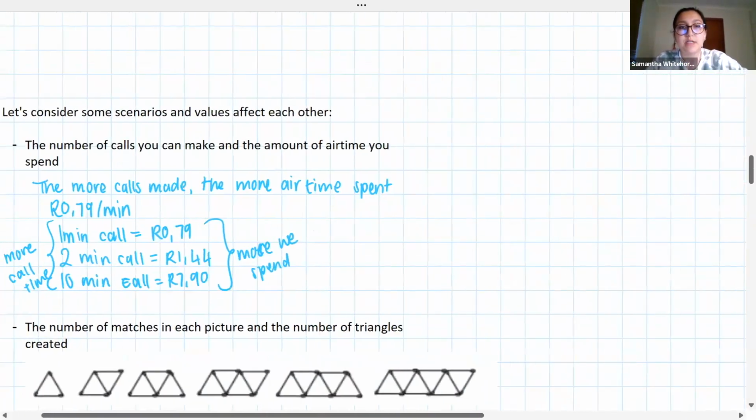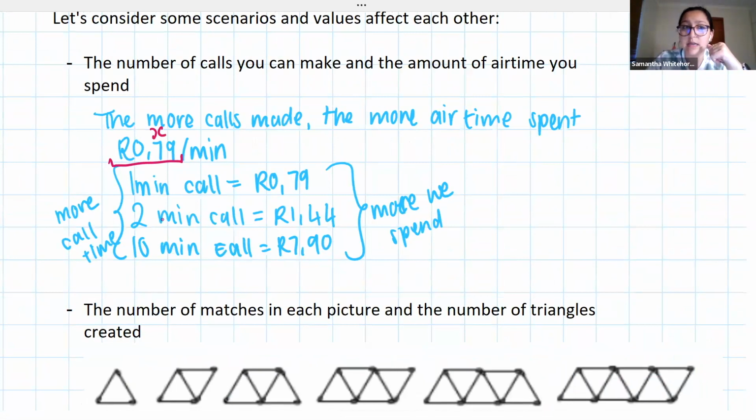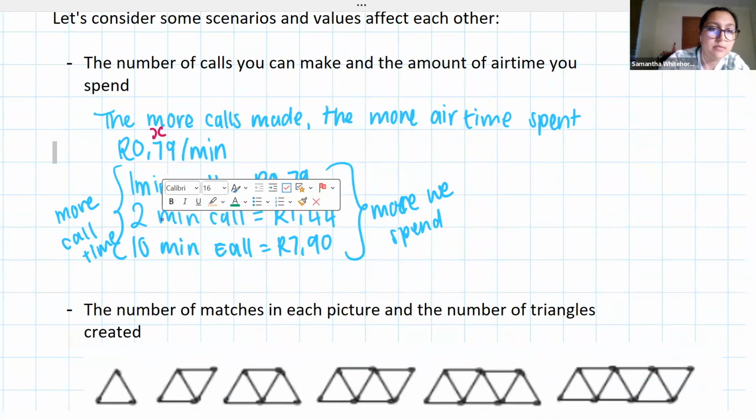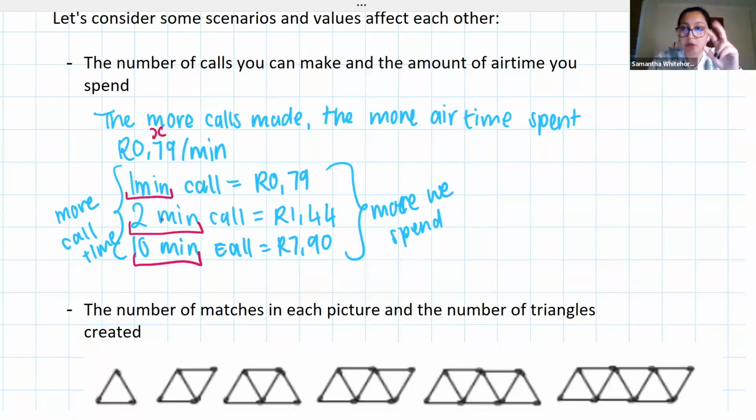If I go back up here to this blue writing, here are my X values, my input values. Every single time, they are the number of minutes I spend on the call. Okay, 1 minute, 2 minutes, 50 minutes, 120 minutes.